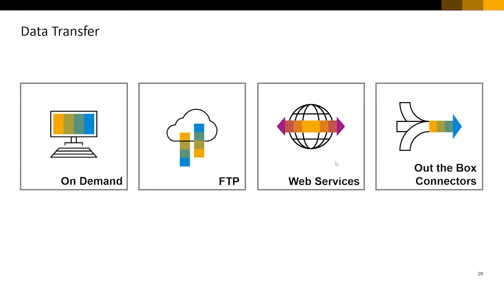Finally, a very common method as well is to purchase an out-of-the-box connector. So we've got a variety that we have in-house, but we also work with integration partners who have already developed and are ready to plug and play their connectors with the two systems.